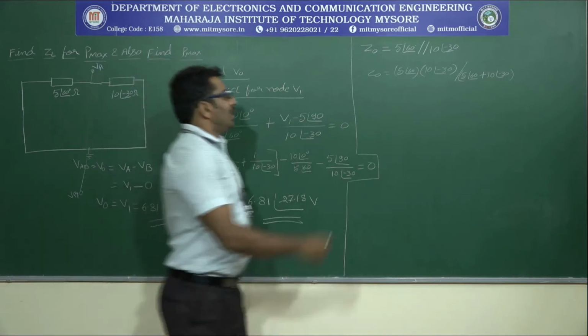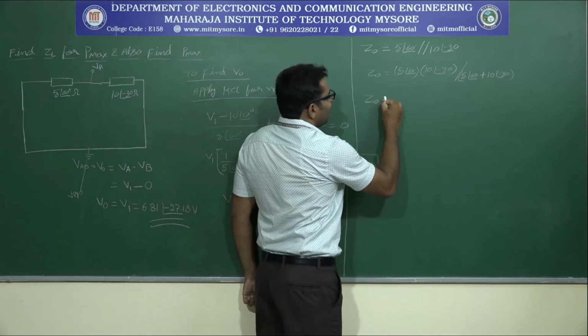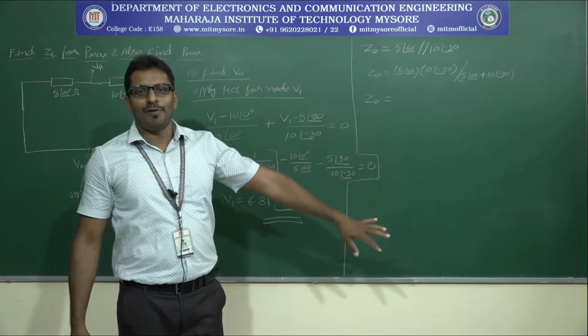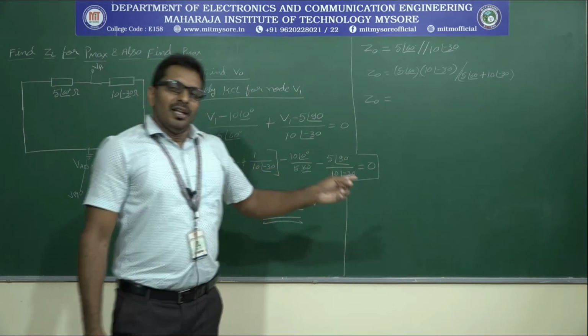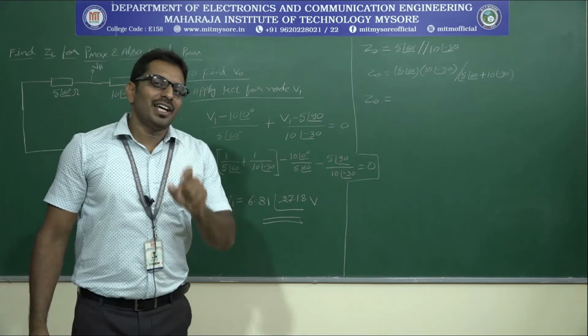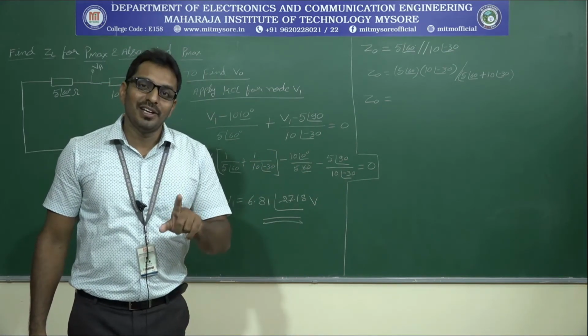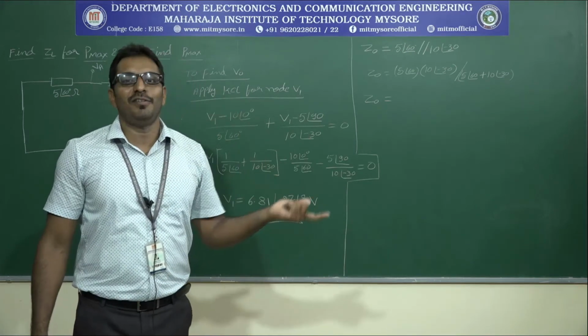First you can write the answer in polar form only, but in case 3, what is the condition? ZL, the variable impedance, is equal to the complex conjugate of Z0.